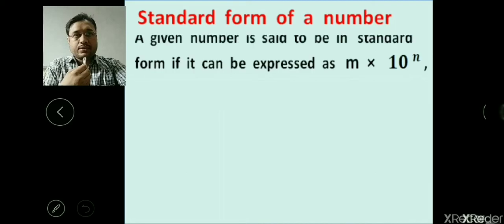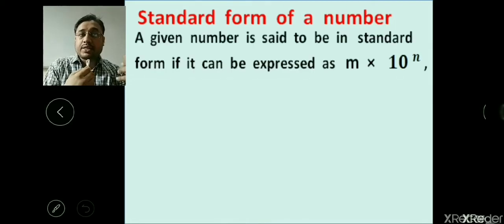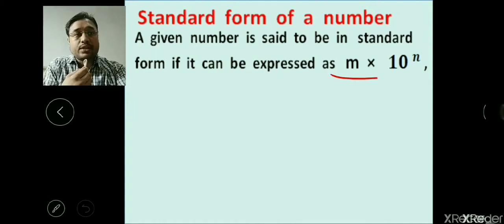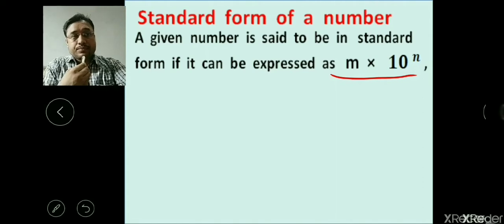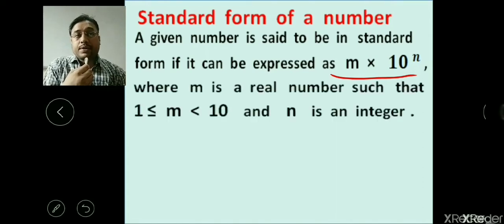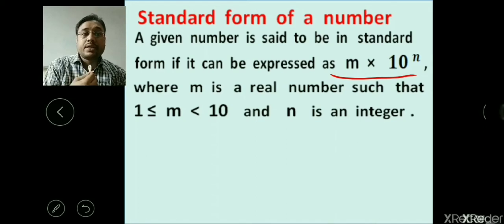We can say that a given number is said to be in standard form if it can be expressed as m into 10 to the power n. If you can change the form of that number and write it like this, m into 10 to the power n, where n is the power, then m is a real number such that m is less than 10 but greater than or equal to 1, that means it lies between 1 and 10.